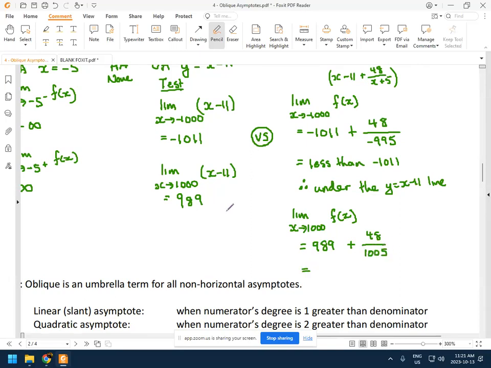Is that going to be bigger than 989 or smaller? It'll be bigger. Therefore, if I go towards the right, this will be over the y equals x minus 11 line.